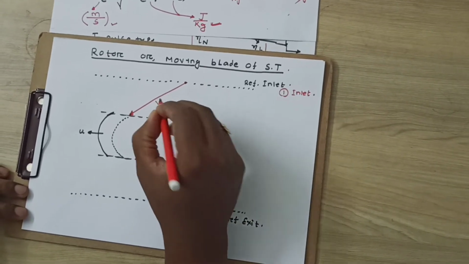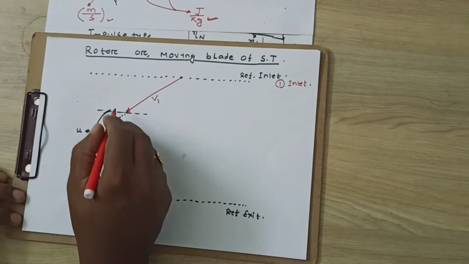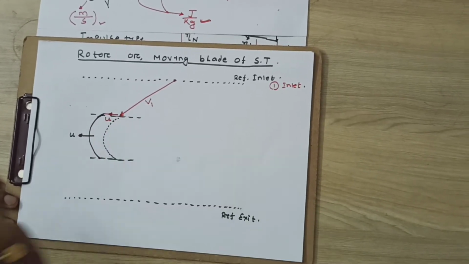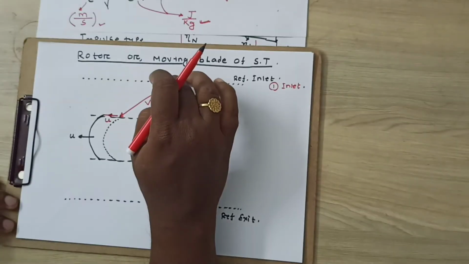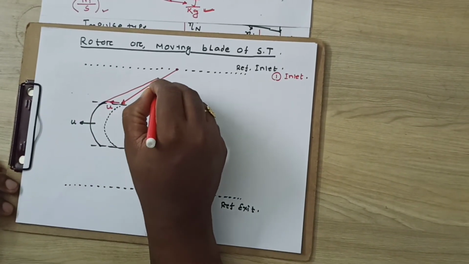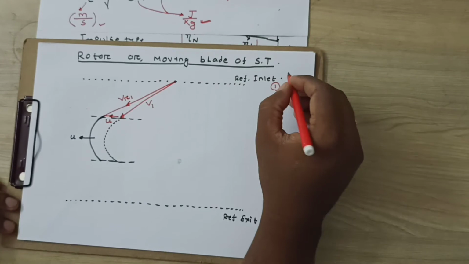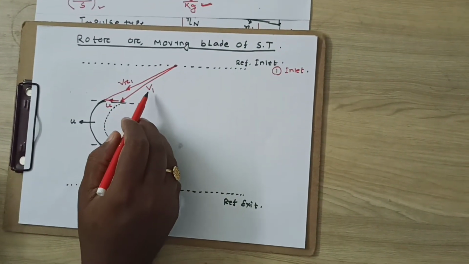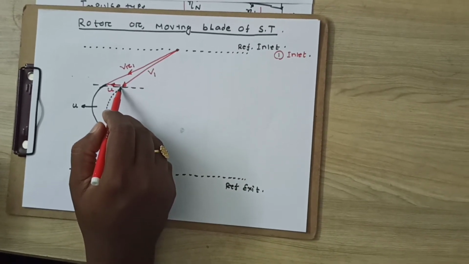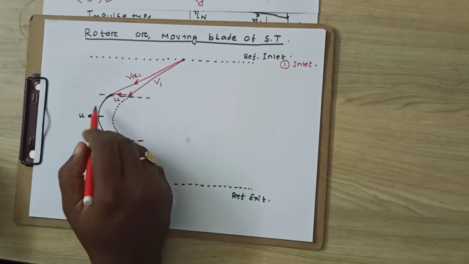This is the absolute velocity V1, the absolute velocity of steam at the incoming velocity triangle. Midway the blade has also moved by u, so this is the vectorial approach, u. The velocity with which the steam gets inside the steam turbine is the relative velocity, VR1. So V1 is the absolute velocity of the steam jet, u is the peripheral velocity at the inlet, and VR1 is the relative velocity of the steam as it strikes the inlet portion of the turbine blade.